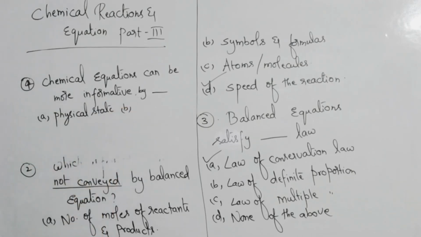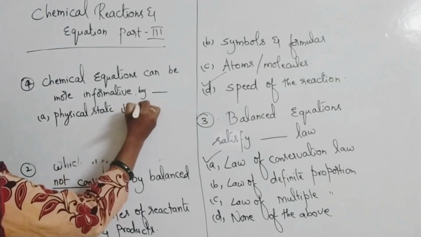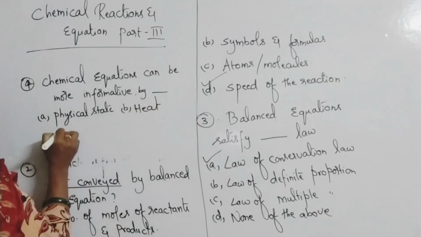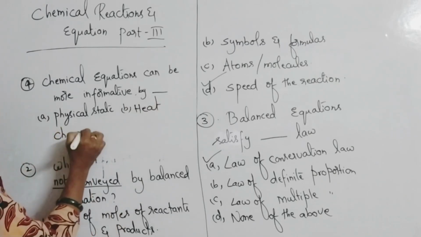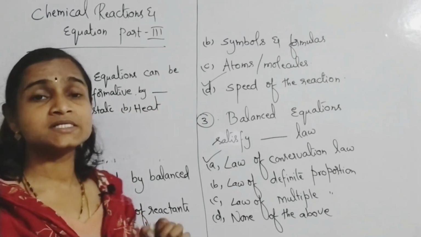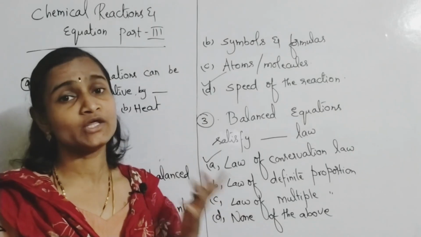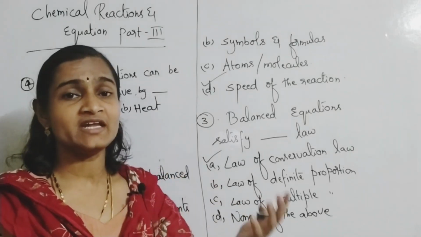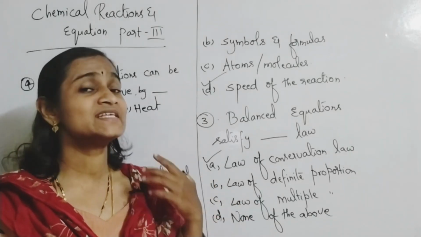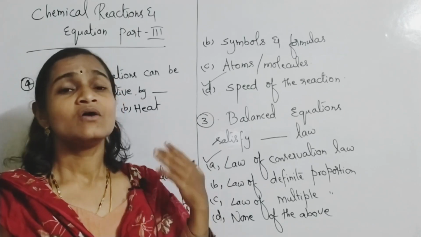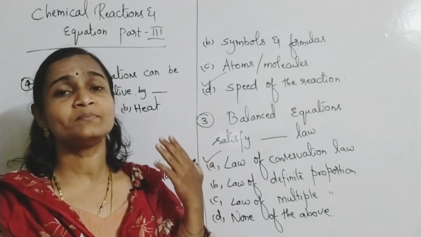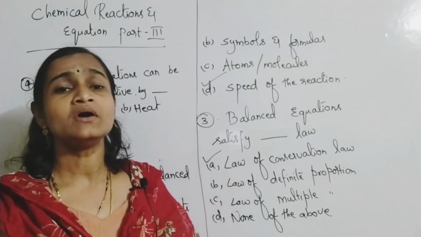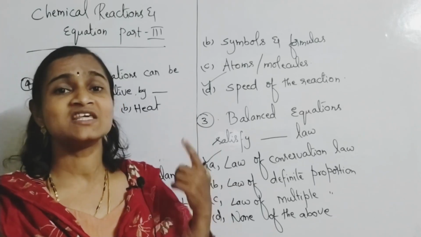And option B is also there. Heat changes, exo and endothermic. We are representing the heat changes. Do you remember? Heat changes you can represent by the symbol capital Q. Q is the amount of heat released during a reaction. In case of exothermic reactions, we will write it as plus Q. After the products, if you write plus Q, it indicates that heat energy is released.